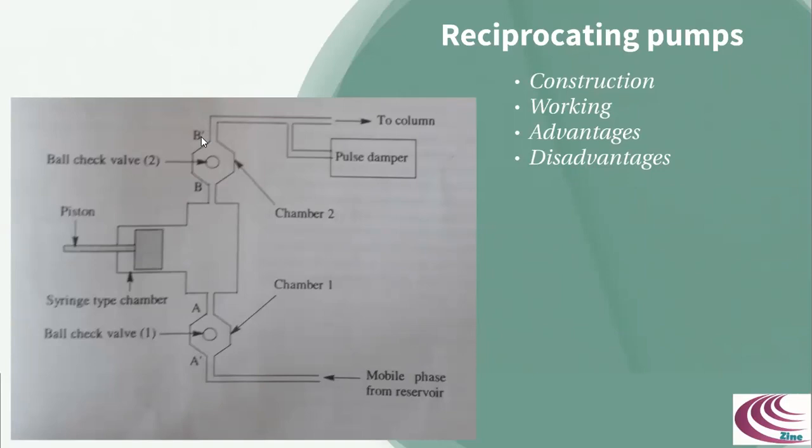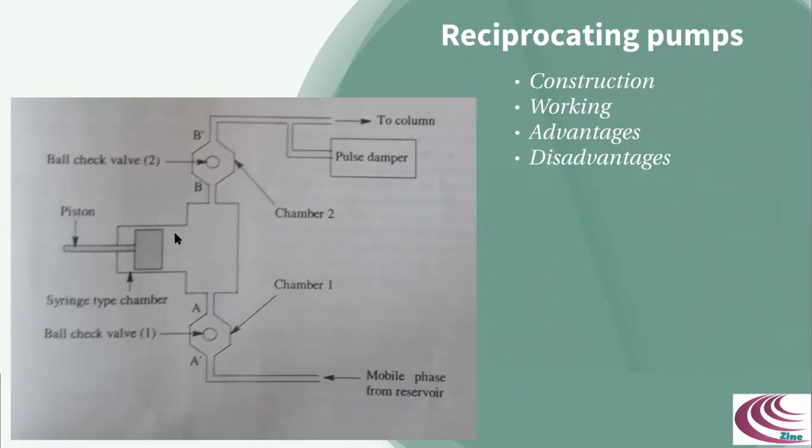At this stage, the mobile phase from chamber 1 enters chamber 2. The volume of the mobile phase discharged from the pump per unit time can be changed by changing the distance that the piston travels.